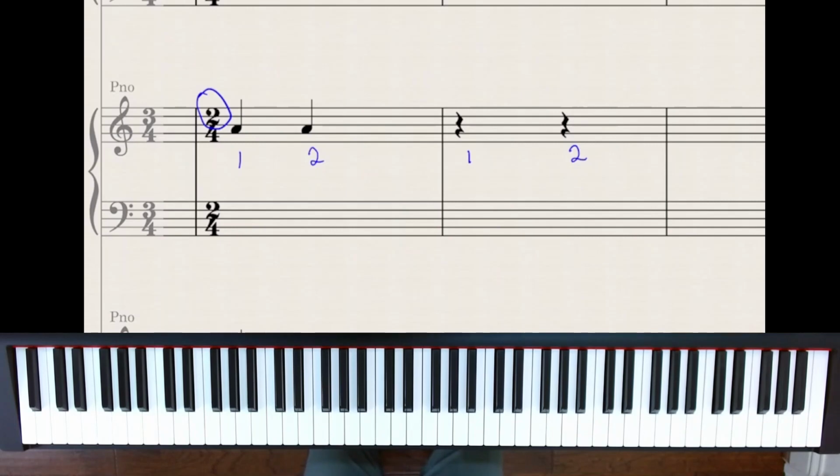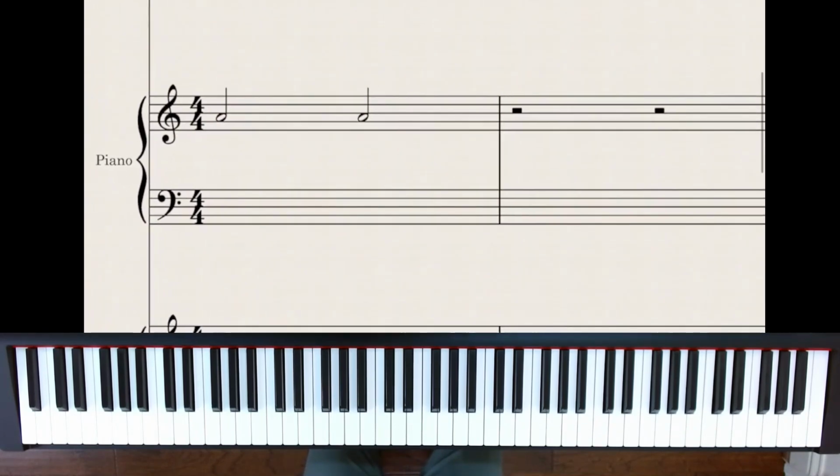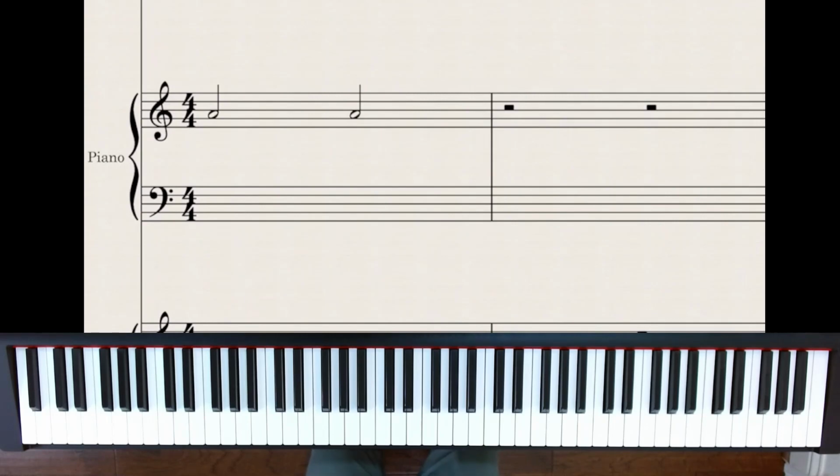Okay? All right, now we can go down to the next type of note, and here we have what's called a half note. Okay, and the half note gets 2 beats.